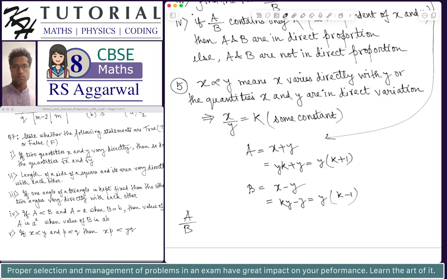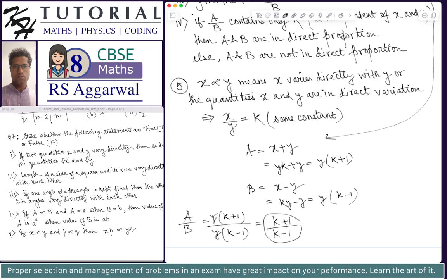So A by B now becomes Y multiplied by K plus 1 divided by Y multiplied by K minus 1. Y cancels out. This is equal to K plus 1 divided by K minus 1.